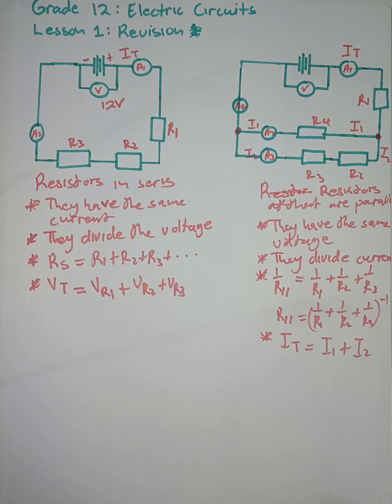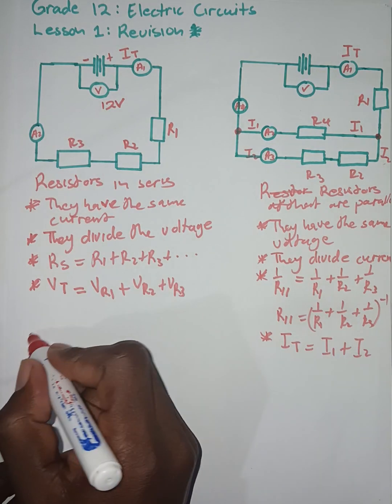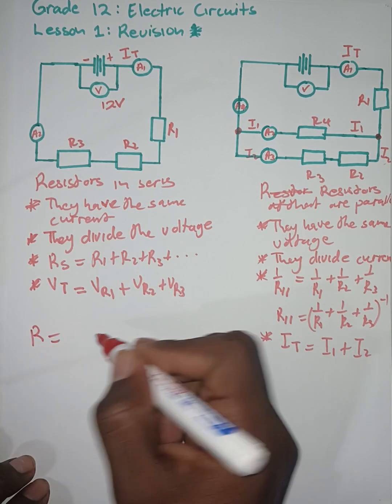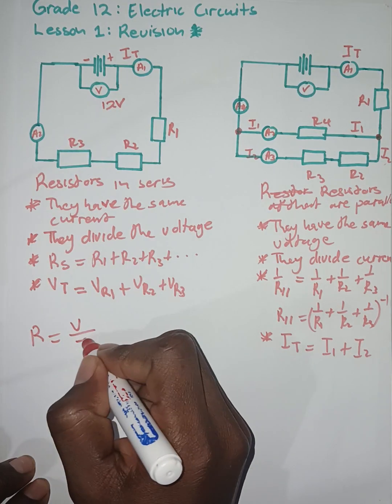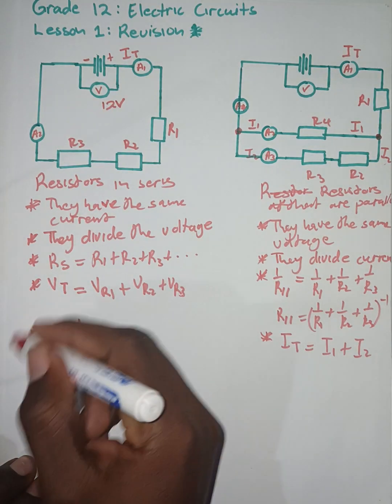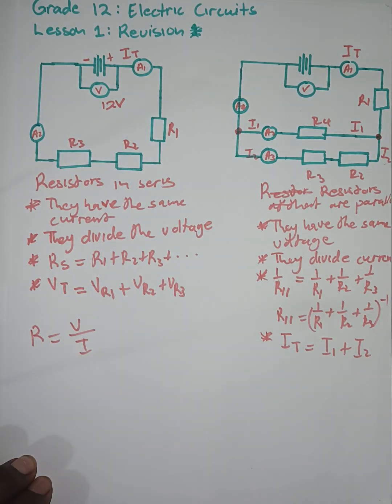So the formula is R equals V divided by I. That's Ohm's law, and it's given in the formula sheet.